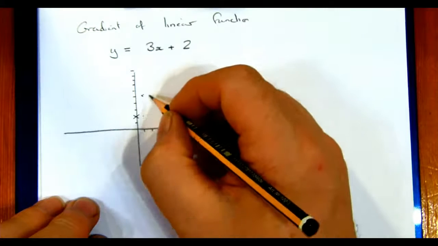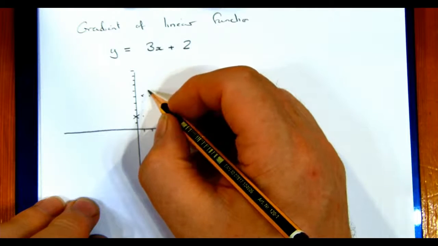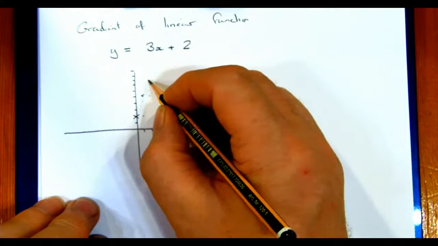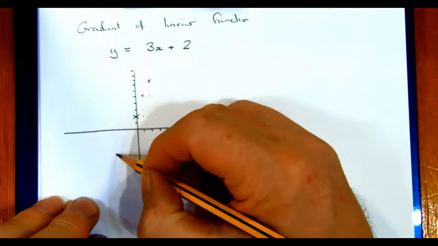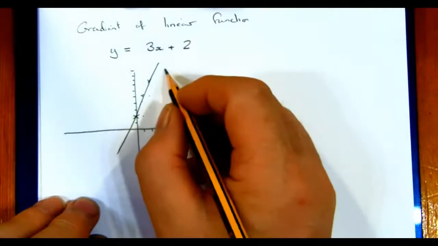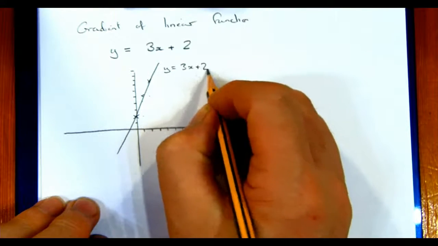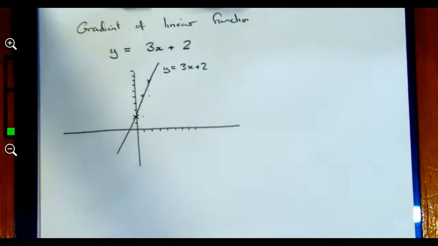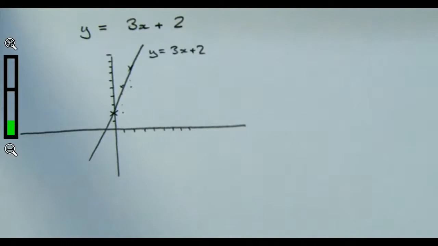And every one more I go across, I'm going to go up 3. So here I've got my straight line of y equals 3x plus 2.